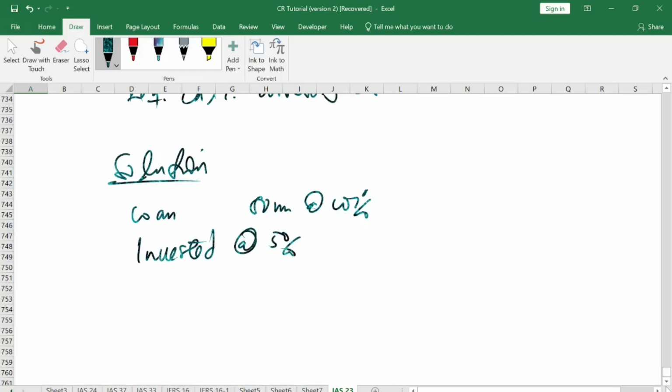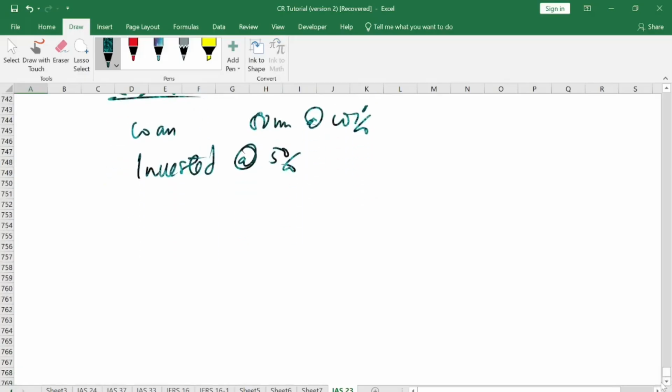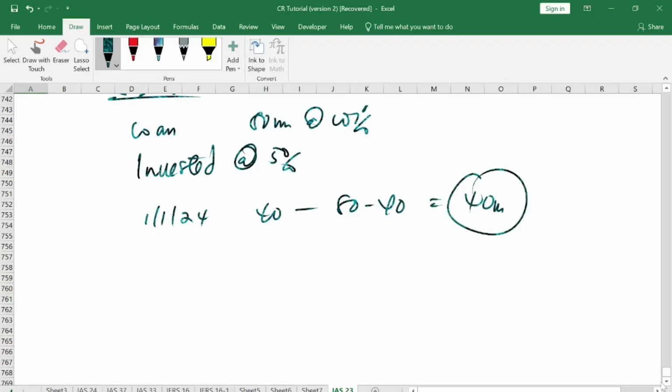Now, the payment is staggered into three. The first payment was when the project started, which is 40 million. Now, when you pay 40 million out of 80, how much do you have left? 80 minus 40, you have 40 million left. So this money will be invested and attract interest.